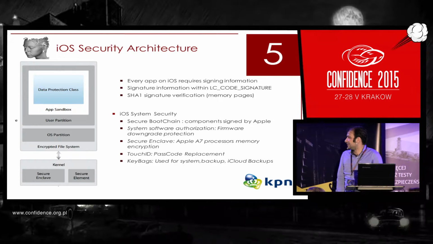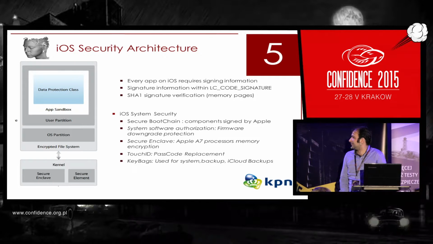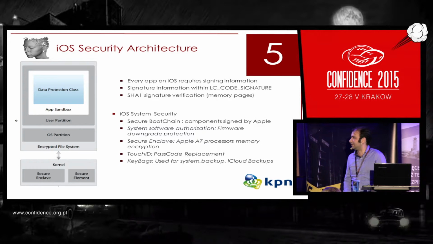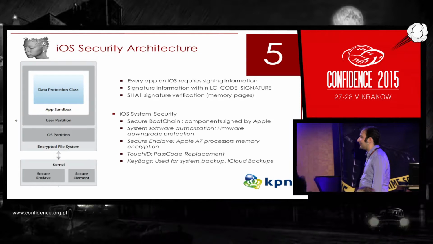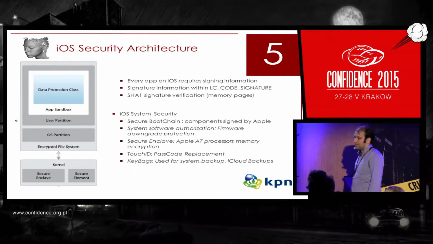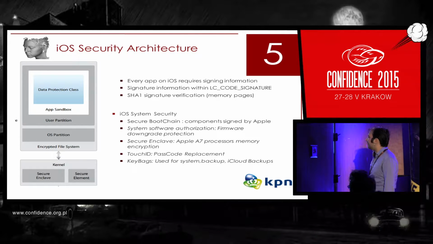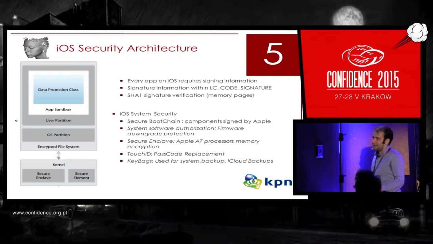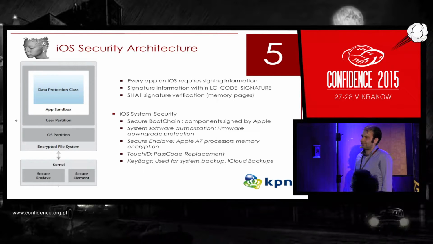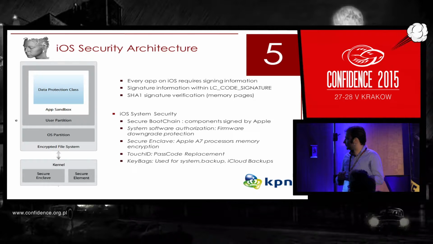The major component of iOS environment security is provided by the secure enclave. The secure enclave was introduced in iOS devices after the Apple A7 processors. It is simply a coprocessor which consists of encrypted memory and a hardware random number generator.